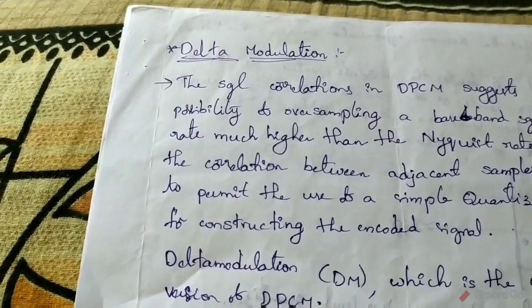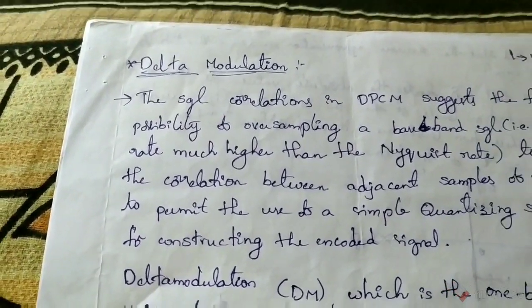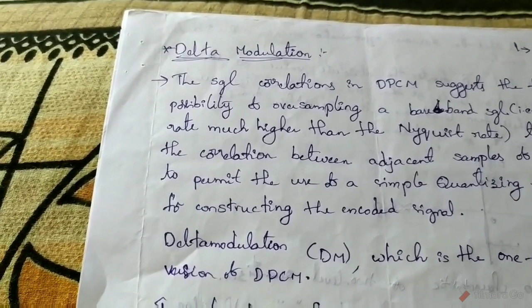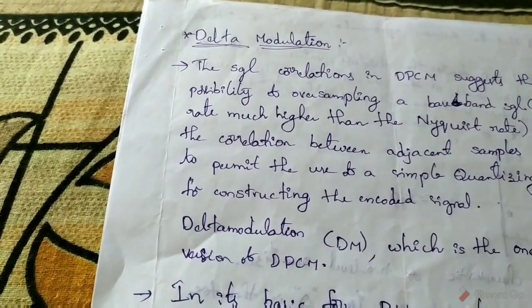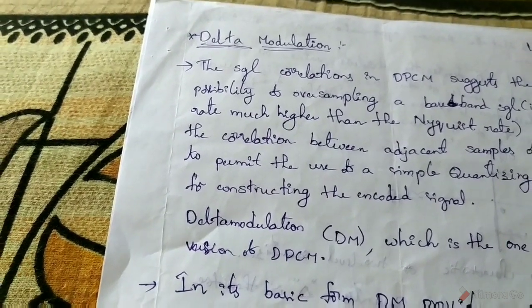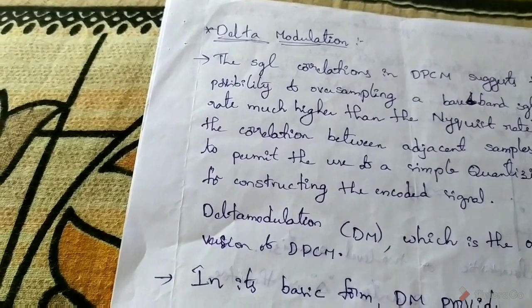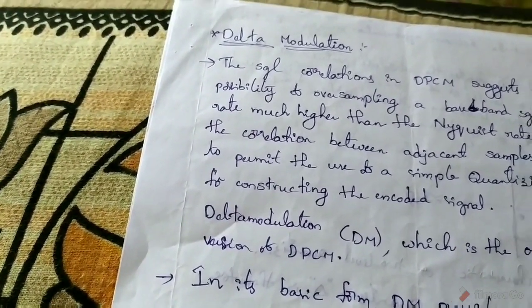What is the difference between the DPCM and DM? In PCM we encode the samples directly. Coming to DPCM, we consider the difference between successive samples: the difference between the first and second sample we encode, then the difference between the second and third sample.